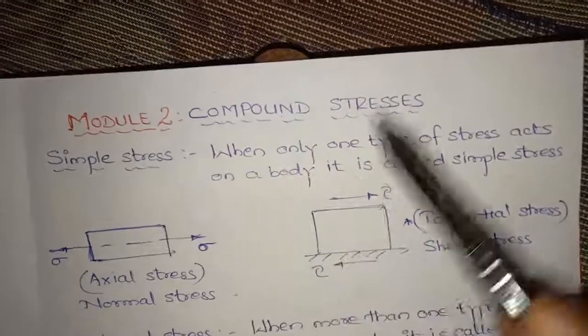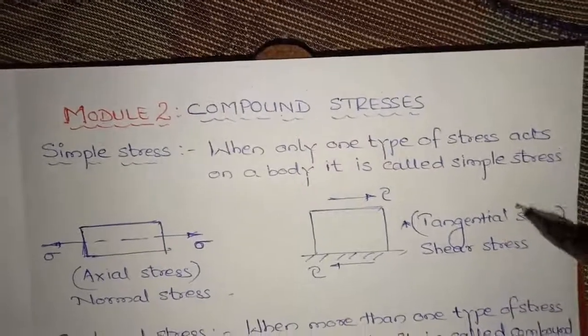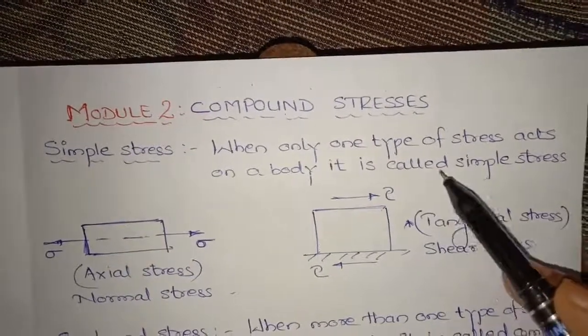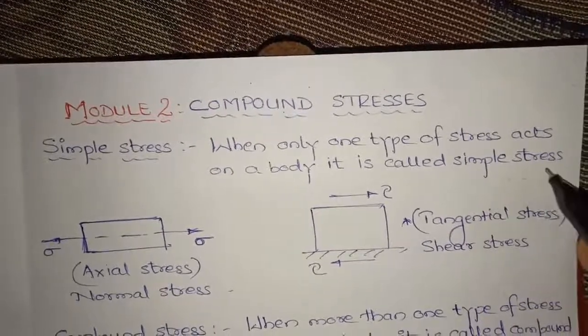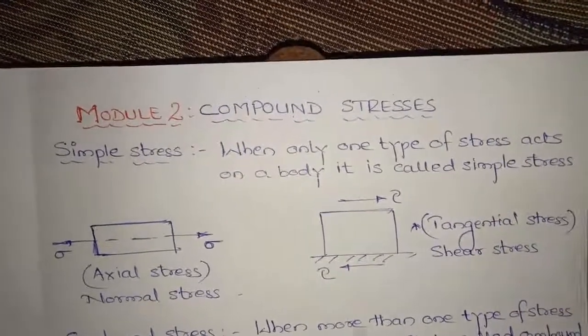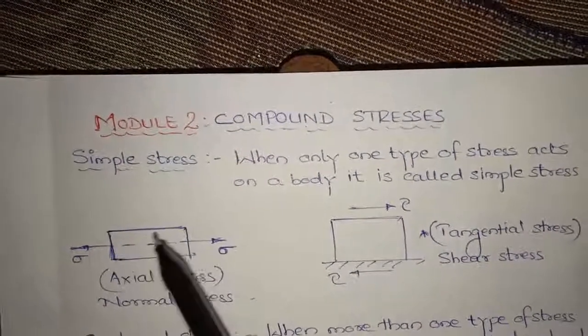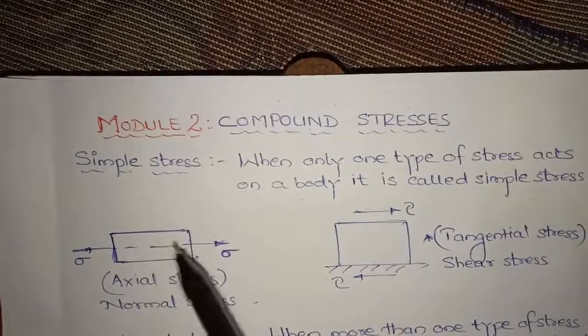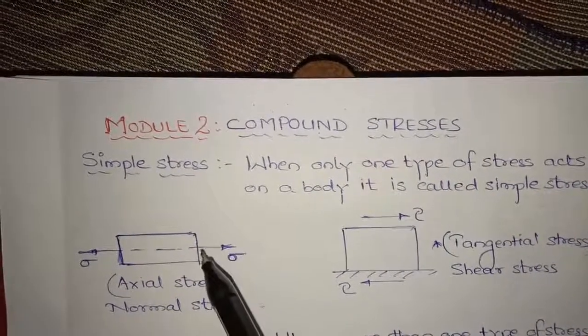Simple stress: when only one type of stress acts on a body, then the body is said to be subjected to simple stress. Let me explain that. Here we have an example where a body, which is a bar, is subjected to normal stress.